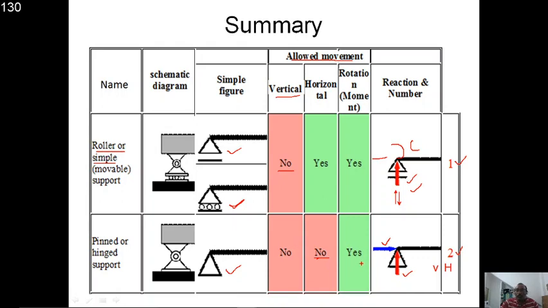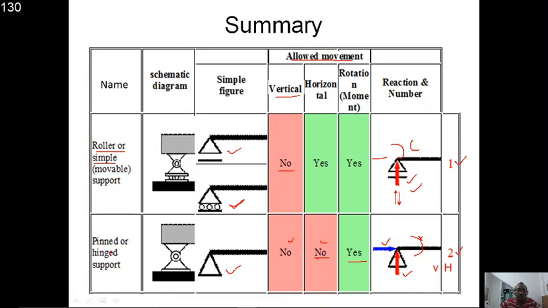The only movement that is not restrained is rotation. So rotation cannot be restrained, right? Hence this pinned or hinged support is used where vertical and horizontal restraint is required, with no movement in vertical and horizontal, but only rotation allowed.